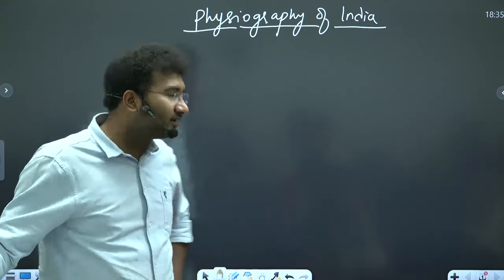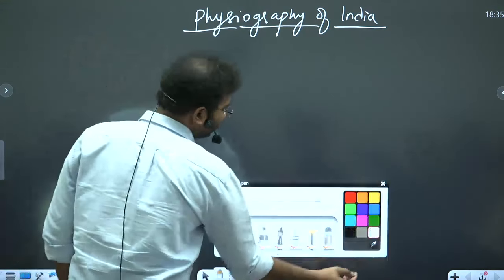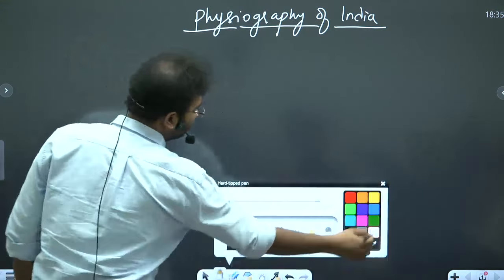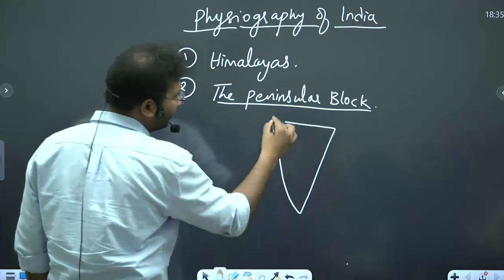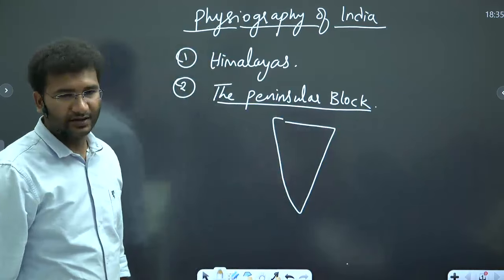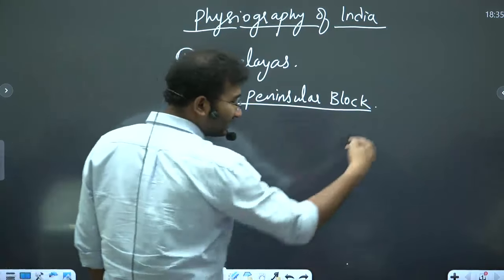So broadly speaking, the physiographic divisions of India: first, the Himalayas; second, the peninsular block; now within this peninsula, this part of India is called as peninsula, right? In the peninsula we'll discuss more.